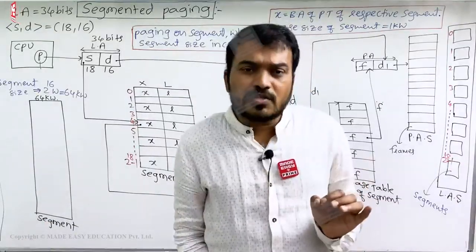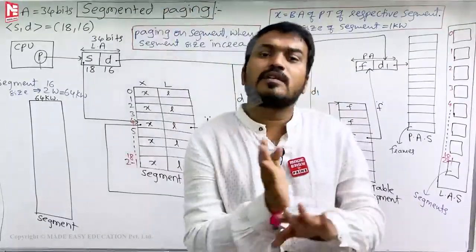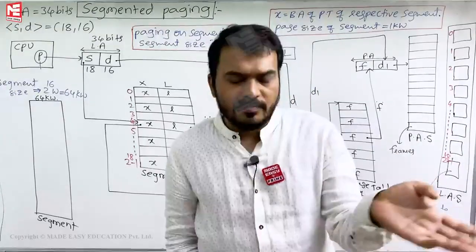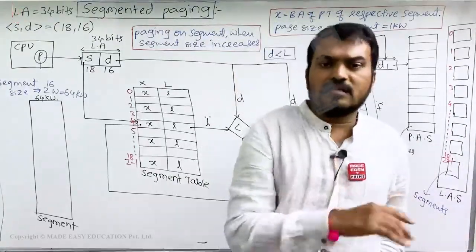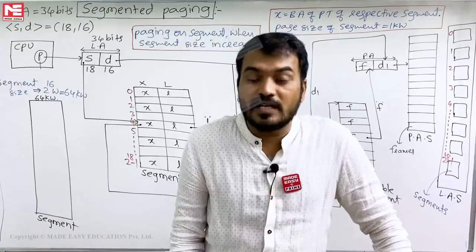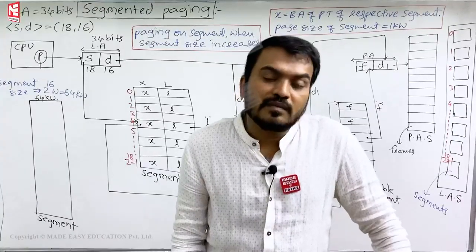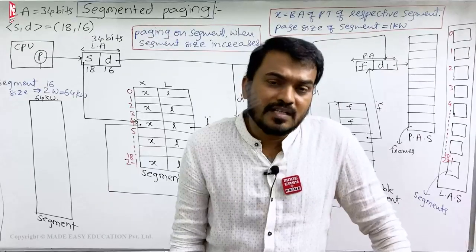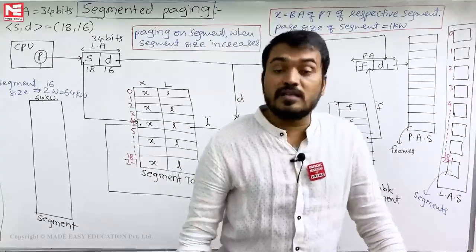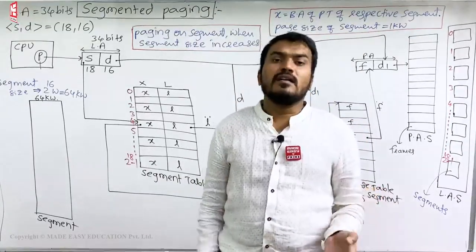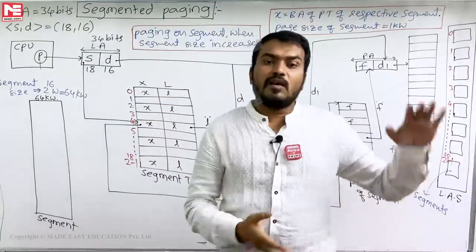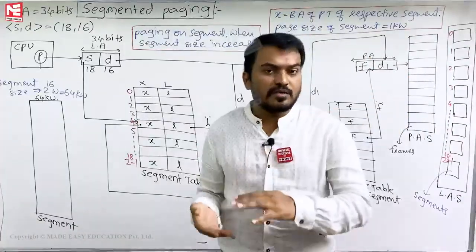Previous diagram पे जाओ, सेगमेंटेशन का diagram में देखो. पीएएस में क्या है? पूरा सेगमेंट है, सेगमेंट 0, सेगमेंट 1, सेगमेंट 3, ऐसा है ना, राइट? So it means, in the normal segmentation, the entire segment will be brought into main memory.